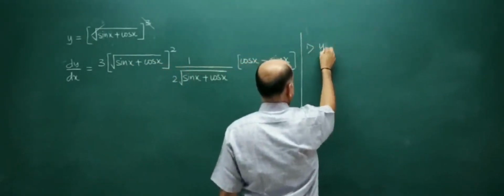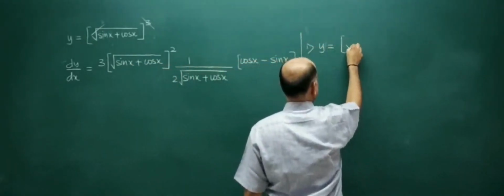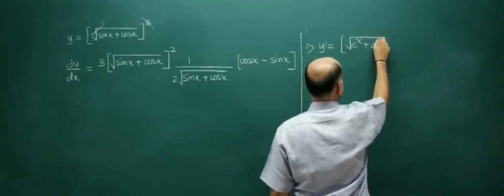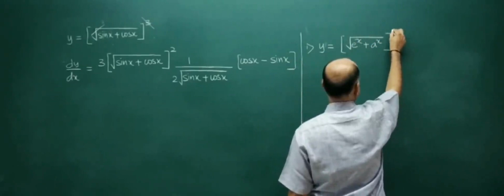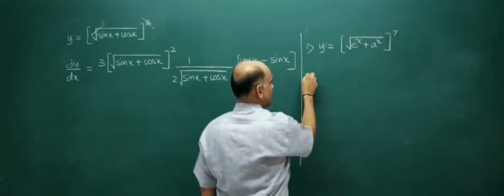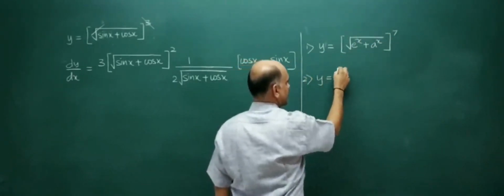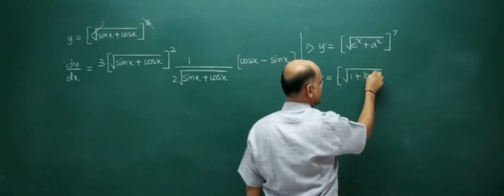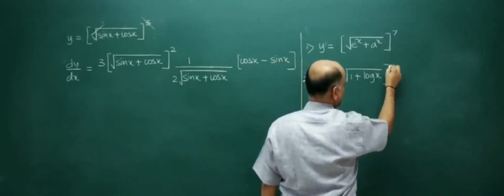y is equal to bracket root of e raised to x plus a raised to x, whole bracket raised to 7. y is equal to bracket root of 1 plus log x, bracket cube.